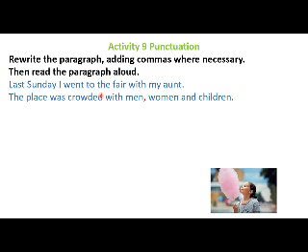The place was crowded with men, women, and children. Here you can see a series of nouns: men, women, and children. So a comma is necessary, right? You have to insert a comma between men and women.